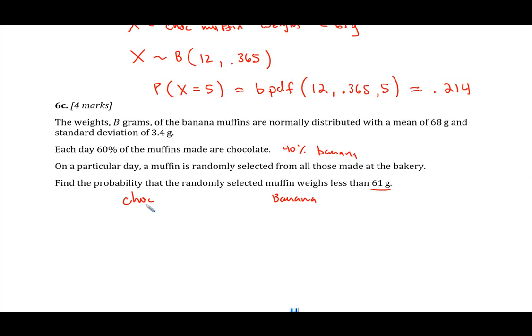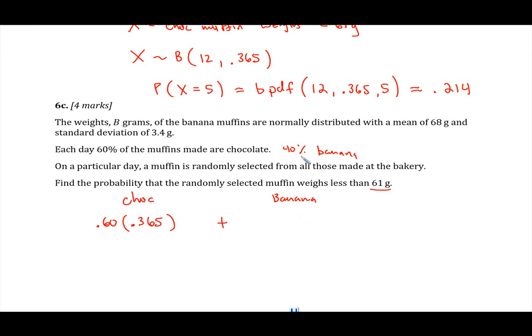So for chocolate, that's 0.60 times the probability that it weighs less than 61 grams. We actually calculated that previously: the probability that a chocolate muffin weighs less than 61 was 0.365. So this represents the probability that on any particular day, a chocolate muffin is going to weigh less than 61 grams.